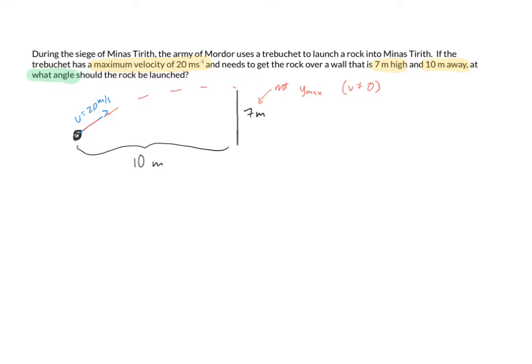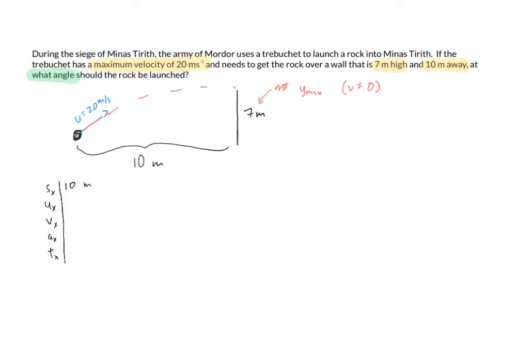And so to do that, I'm going to start filling out my SUVAT tables in the directions. So let's start with the x direction. Sx, ux, vx, ax, and tx. So our displacement in the x direction is going to be 10 meters.